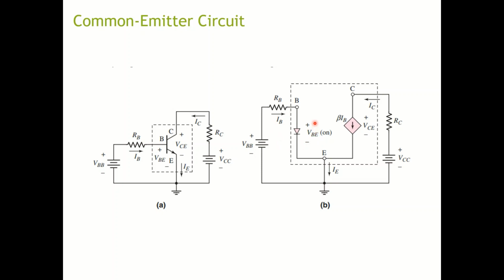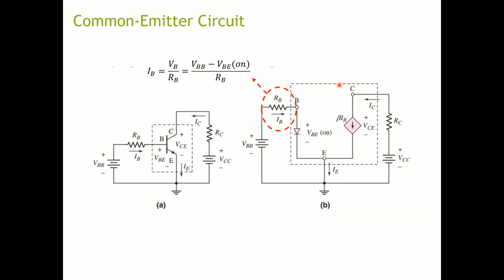So the voltage drop across the junction is the turn-on voltage, which is also noted as VBE on. And the base current and the collector current are dependent.